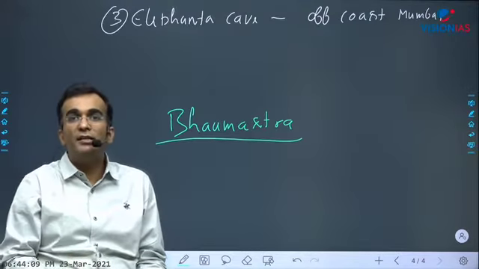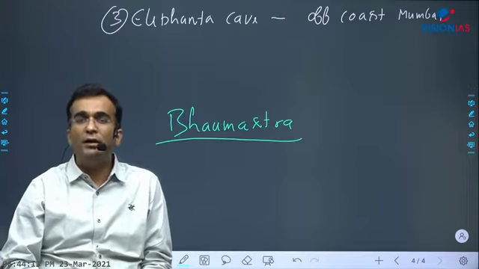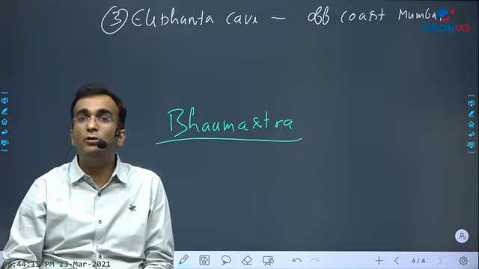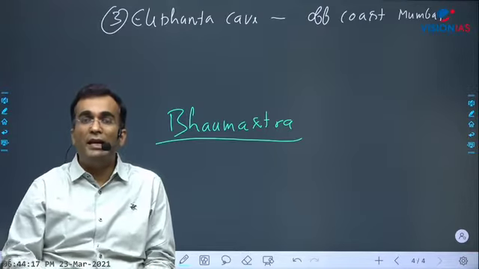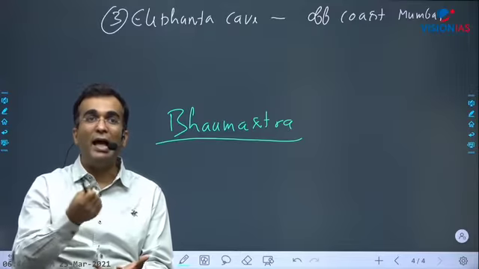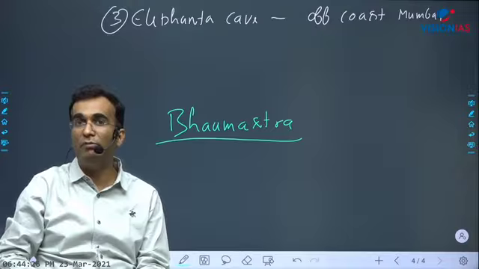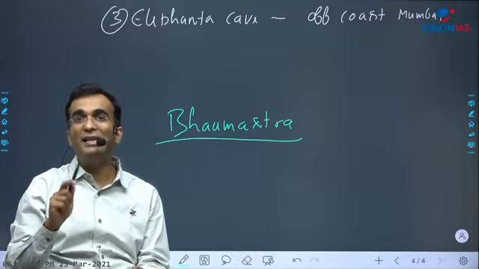But since that rock is not to be found, this particular technology comes into the picture. It is mentioned in the Vedic Shastra that there used to be one mechanical instrument, the Bhaumastra, which was not only cutting the rock, but in the process of cutting, was turning the rock into smoke, vaporized into the environment. That is the technique they have mentioned.